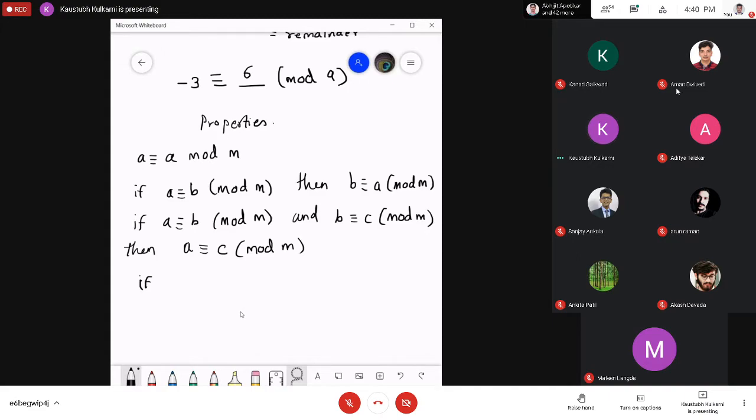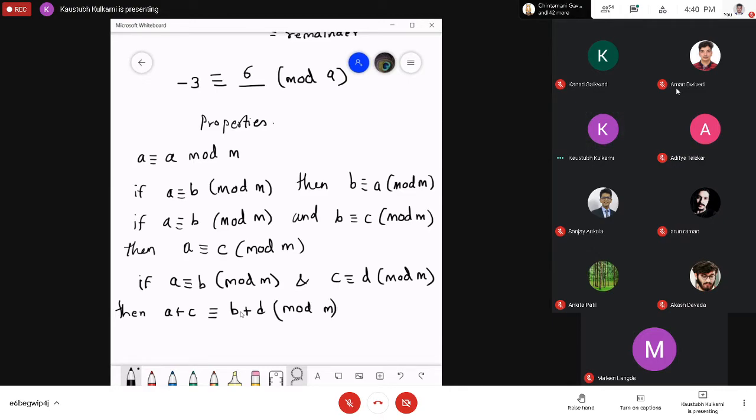So if A is congruent to B mod M and C is congruent to D mod M, then you can combine these as A plus C is congruent to B plus D mod M. Okay.